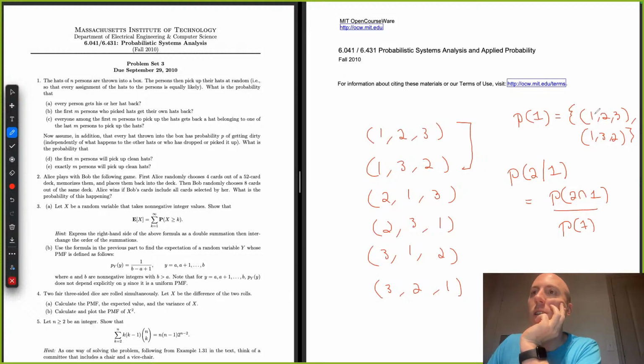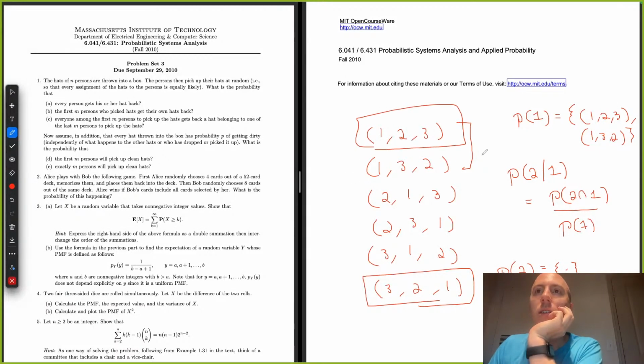So we're in this space, and this is the only outcome that is good at this point. The probability of 2 is that 2 goes second and they get their hat back, so it's this event here and this event here.